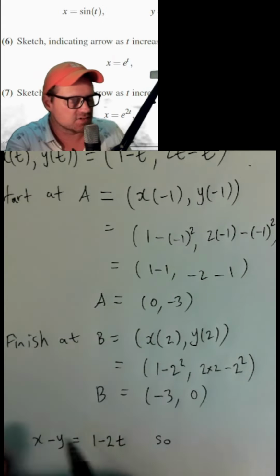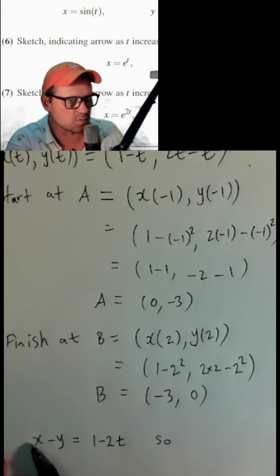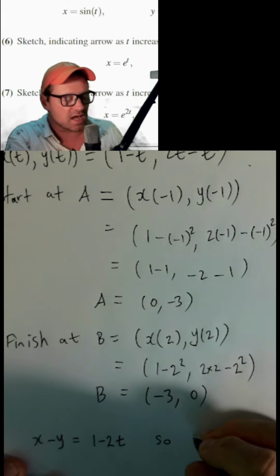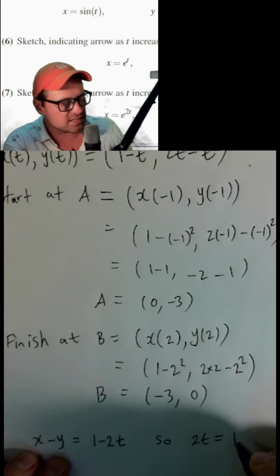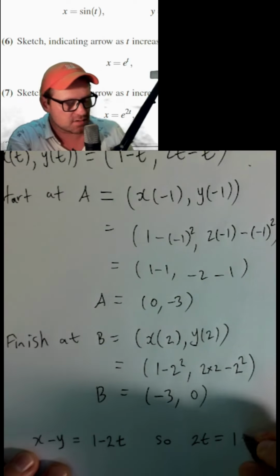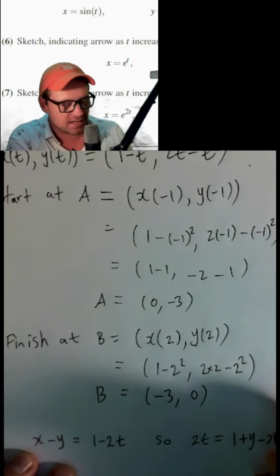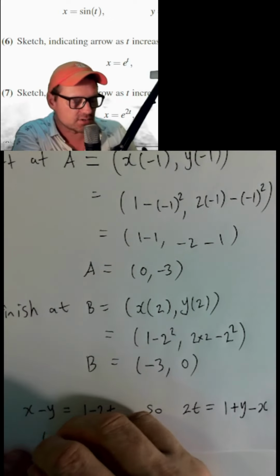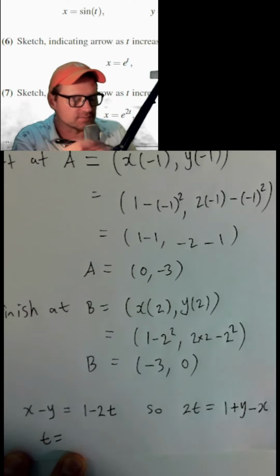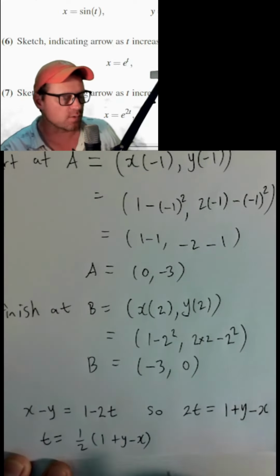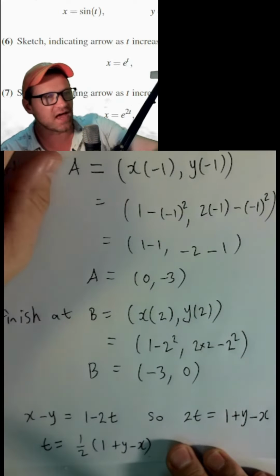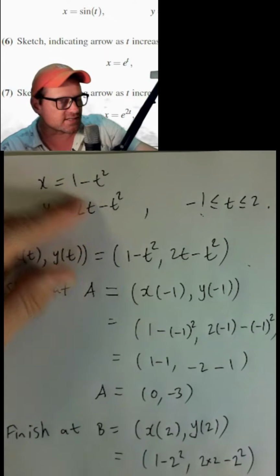So taking the 2t over to the left-hand side and the x minus y over to the right-hand side, we have 2t equals 1 minus x plus y, so that's 1 plus y minus x. And then if we divide this by 2, we get t is equal to 1/2 (1 plus y minus x).